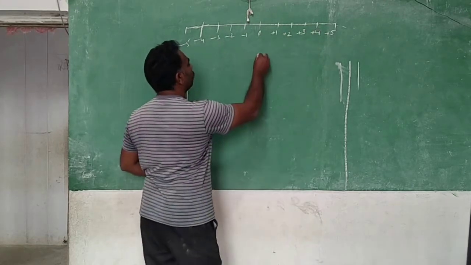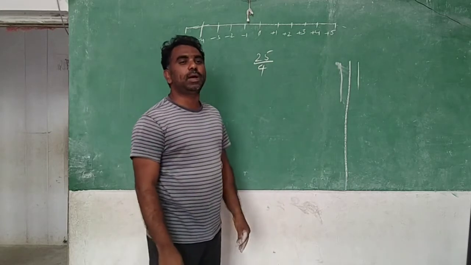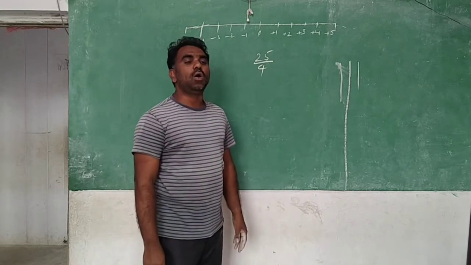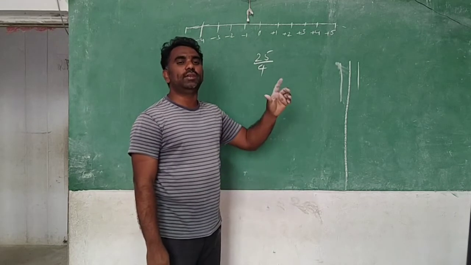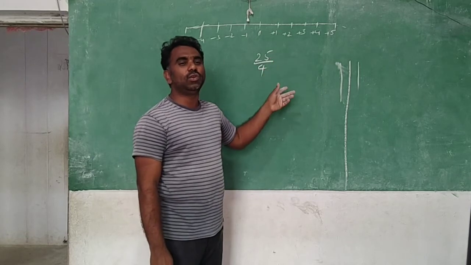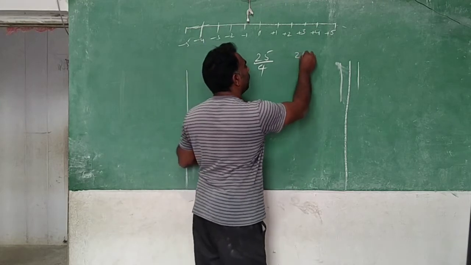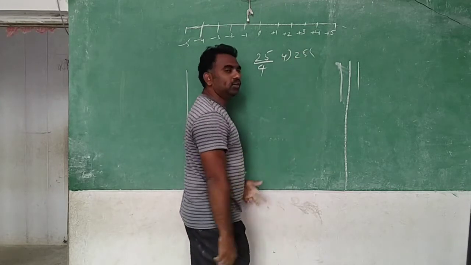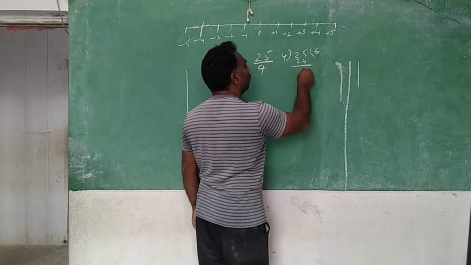Suppose I have given to you 25/4. This is an improper fraction. So how can you say where it is? First of all you have to convert that into a mixed fraction. You know how to convert into a mixed fraction? By division. 4 6s are 24, 1 left.